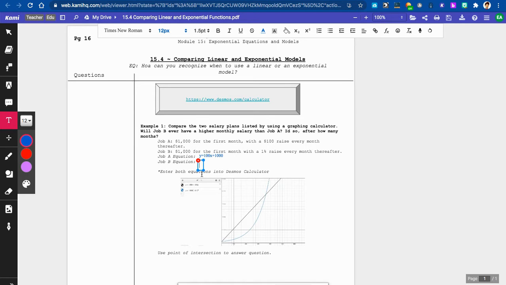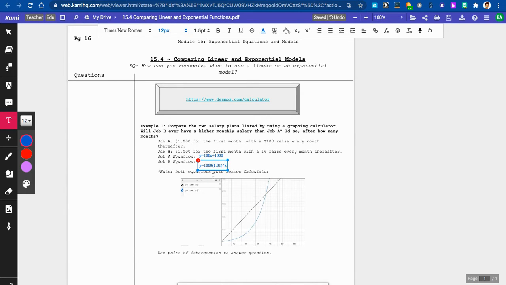So let's think about this. Job B equation, since it's an exponential function, it's y equals a times b to the x, where a is the initial value. So this is going to be y equals a, where the initial value is 1,000. The b is the rate, and this is exponential growth. So I'm going to say 1.01, right? Because remember, this is growing exponentially.